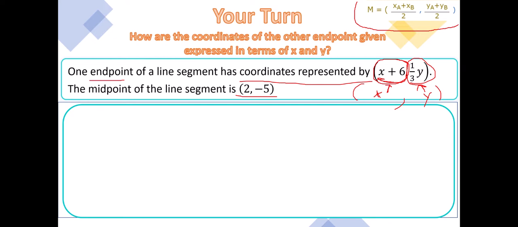So here's where I'm going to demonstrate. Let me change my pen color. Here's where I demonstrate how to write this. So we have an x and a y coordinate. So the midpoint is 2, -5. See where the big M is up here in our formula?